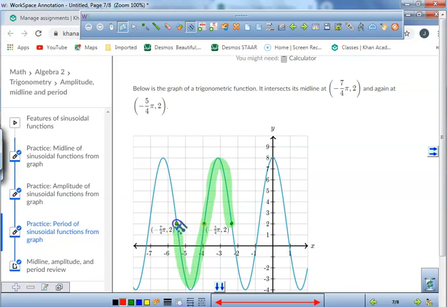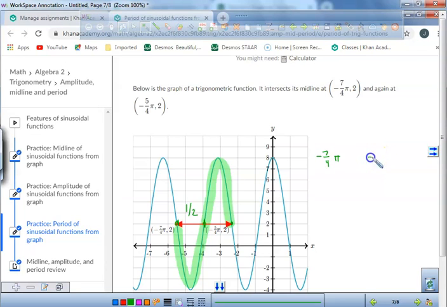Would you agree the length of the whole period goes from here all the way across? So it looks like I have already traveled from here to here. I've already traveled half of the way. So if I'm at negative 7/4 pi, and I've traveled to negative 5/4 pi, what is the gap between those?